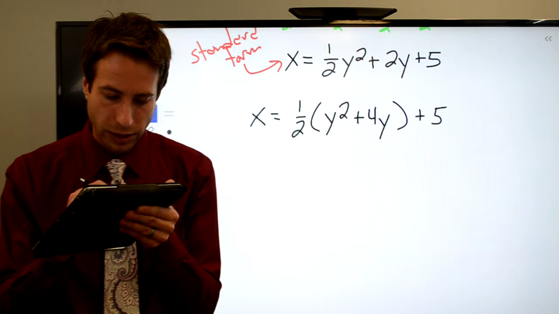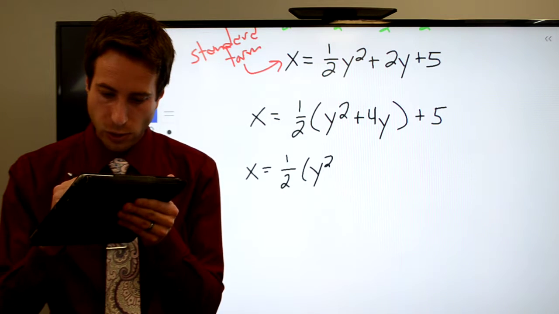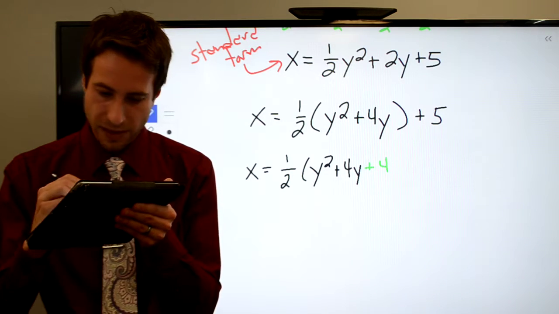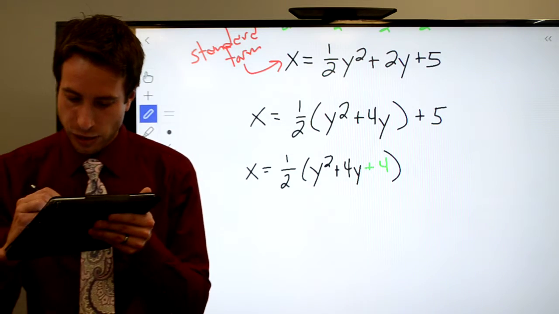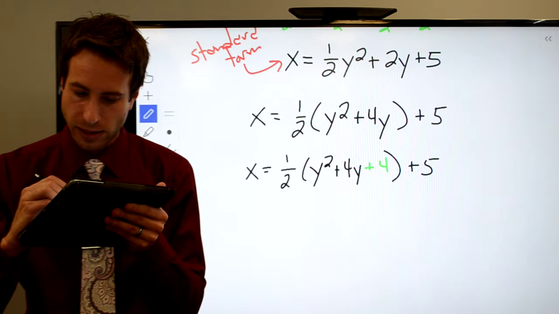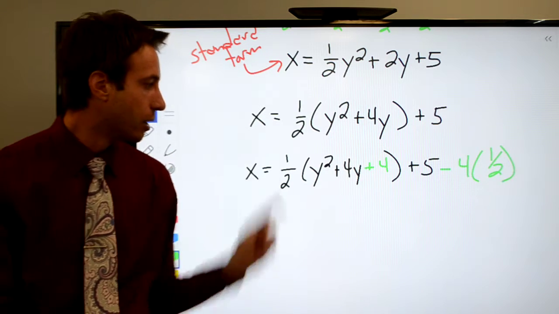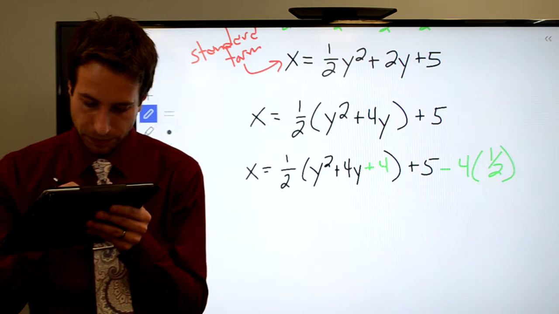So here we go, all in one shot. 1/2 y squared plus 4y plus 4. That's b squared over 4. Added it inside. So algebra says to keep everything balanced, I must subtract it on the outside and put back the 1/2 that I pulled out. Here we go.